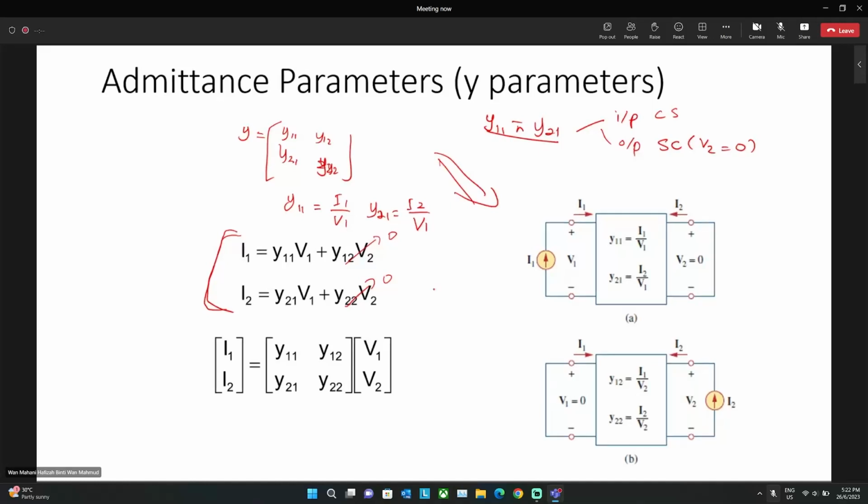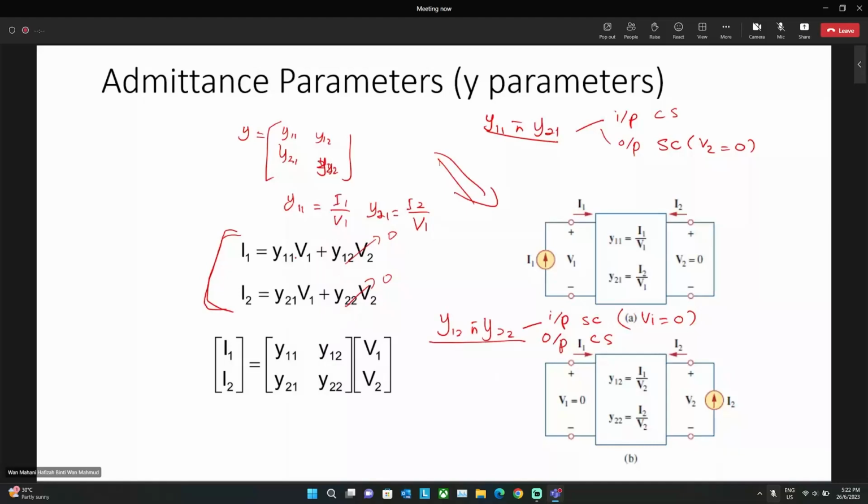Okay. Dan untuk pengiraan Y12 and Y22, this is how you can do it. Input port short circuit, output port current source. Untuk short circuit ni sebab kita nak V1 tu sama dengan kosong.